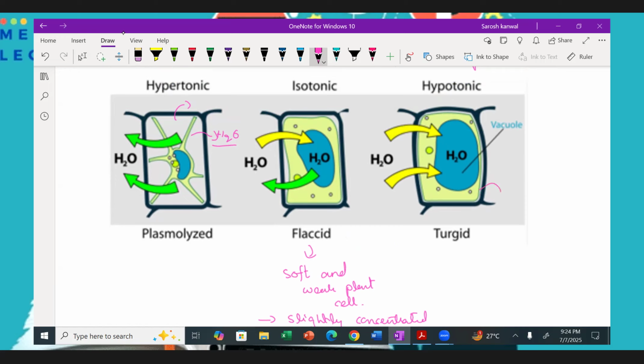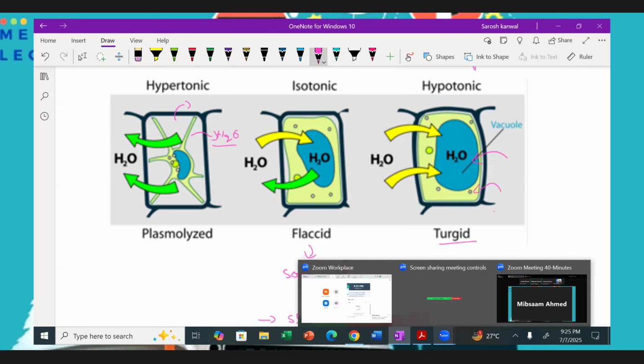And in hypotonic, the outside solution is dilute. Yes, it's dilute. So it means that they have more water molecules outside, so they start entering this plant cell and help the plant cell to become turgid and firm, right? Yes, ma'am. Okay.